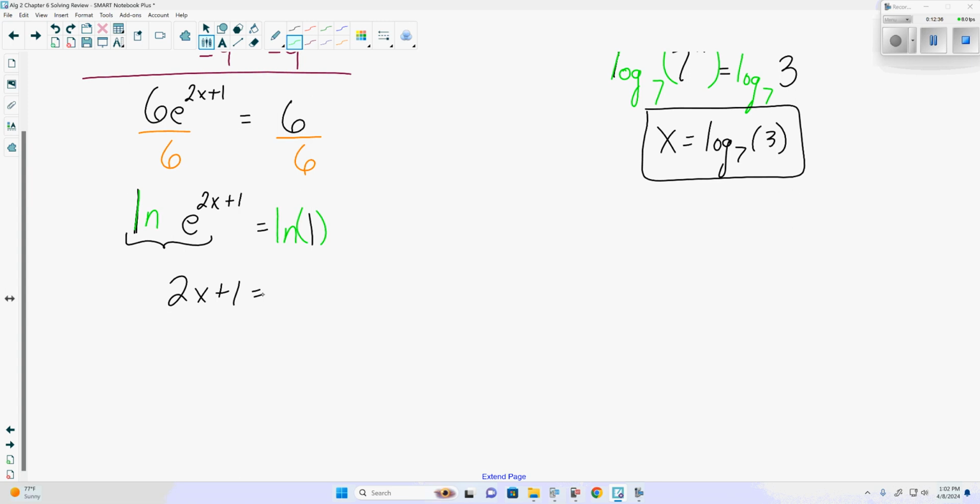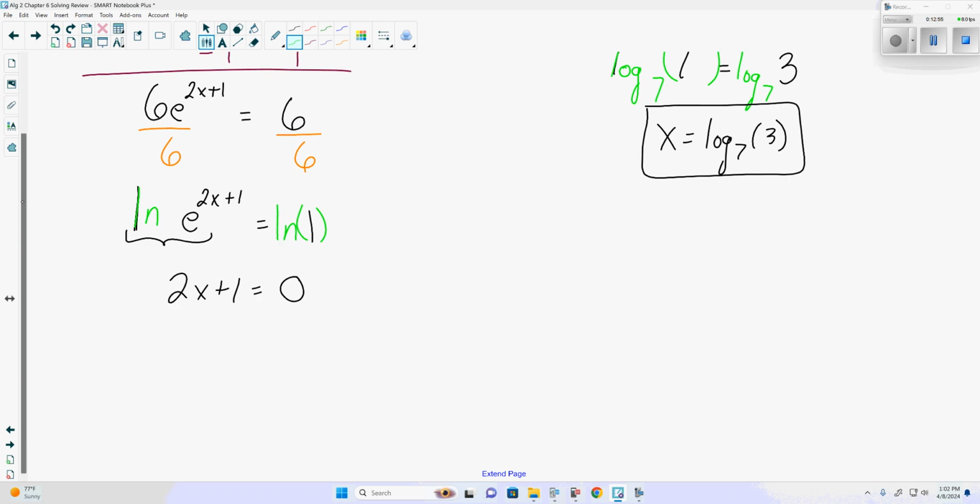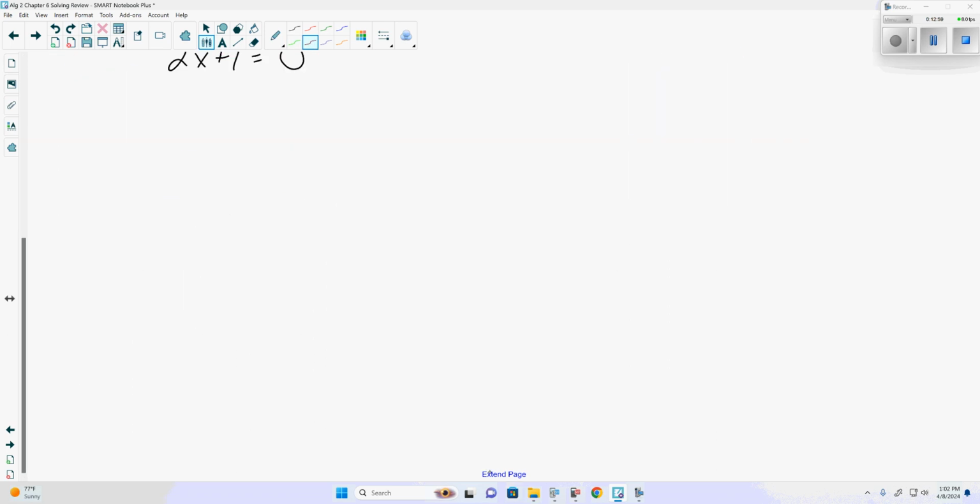Natural log of 1 is 0. This is one of the few times it does reduce. I do specifically have in the instructions that they will reduce. The first part of the test will reduce to nice numbers. The rest may not. And if it doesn't, leave it as we did for number 7 or number 6. Leave it in terms of logs. If it does reduce, like number 5, solve it.